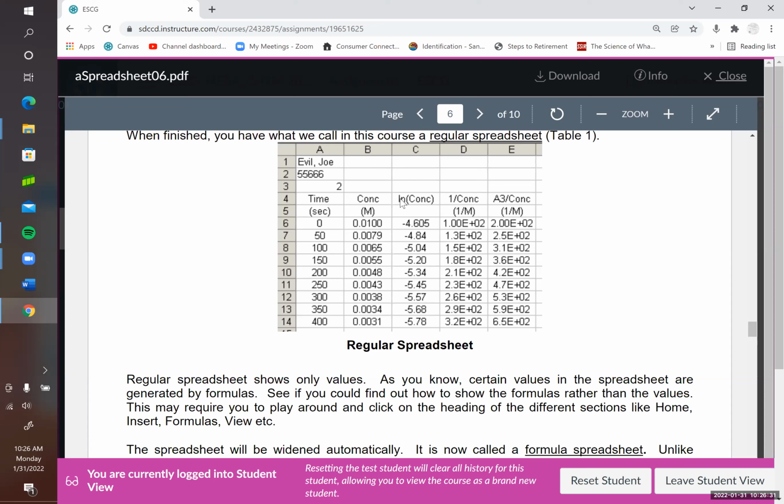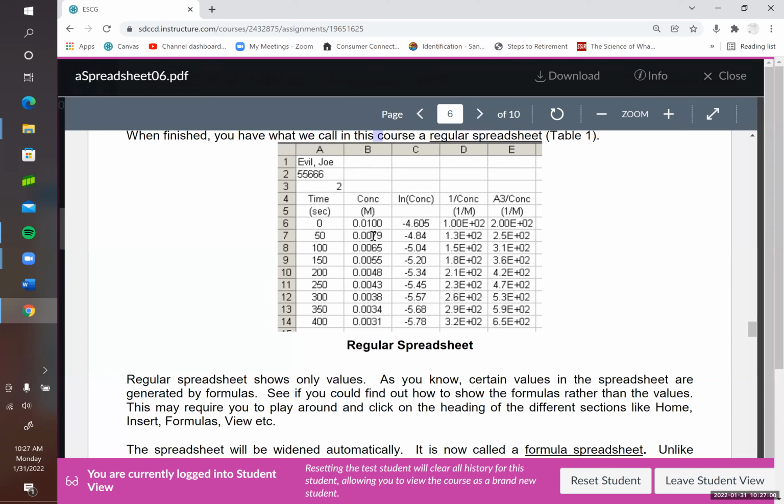So when I take 1 over that concentration, I have to make sure my value has the right number of significant figures. 3 for this first one, because it has 2 trailing zeros, so in this column you see 1.00.